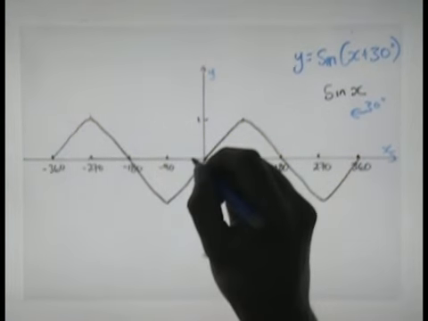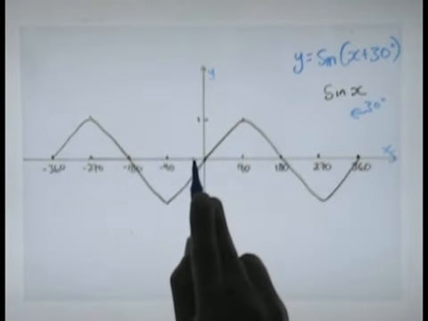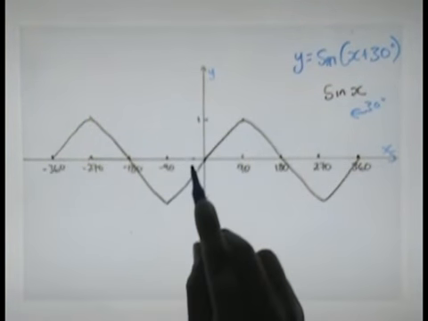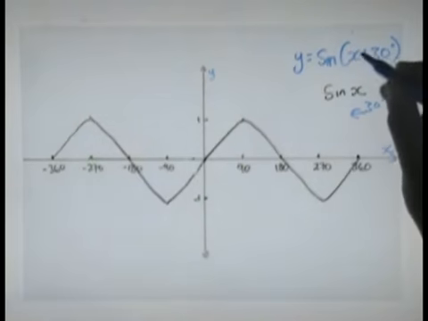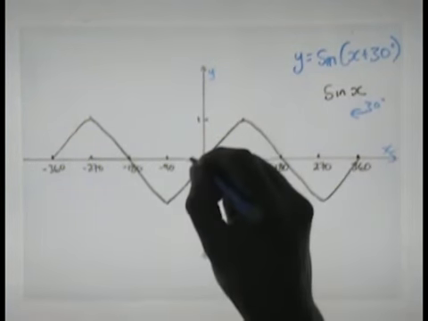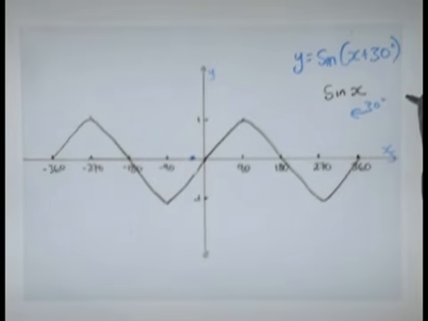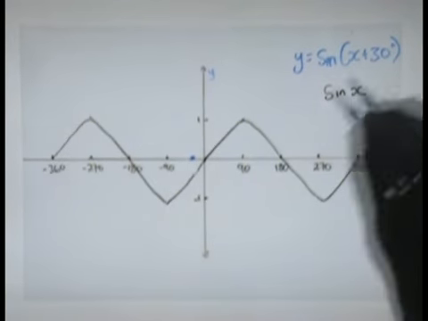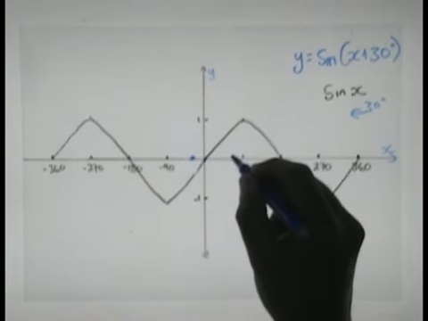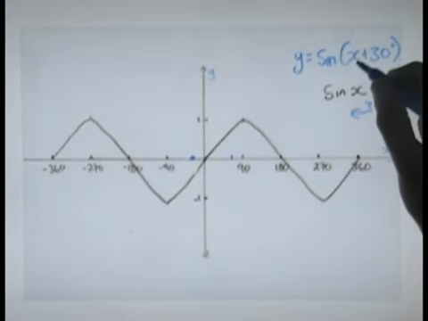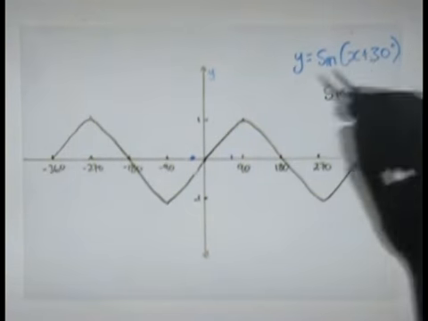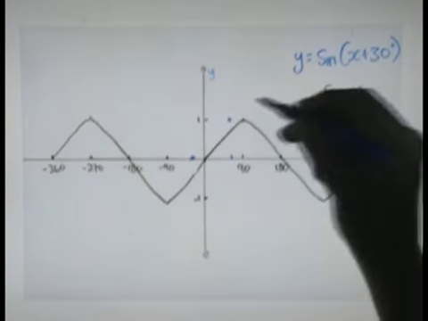Think about this. When x is equal to negative 30 degrees, that is going to be negative 30 plus 30, which is 0. Sine of 0 is 0. When x is equal to 60 degrees, that's going to be sine of 60 plus 30, which is sine of 90.